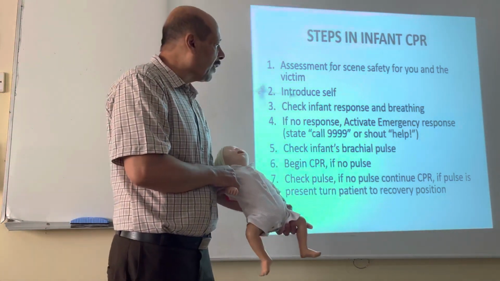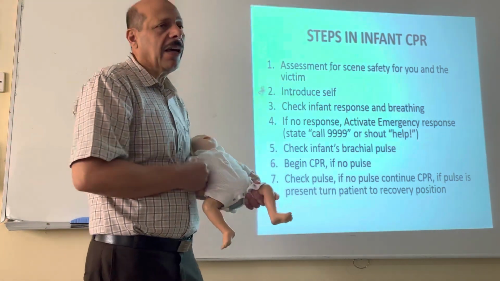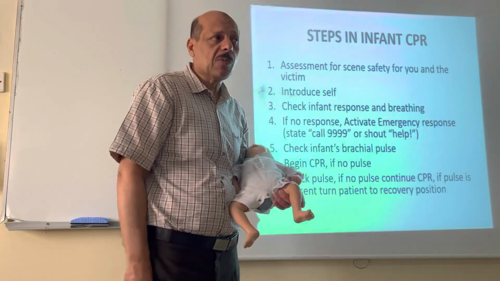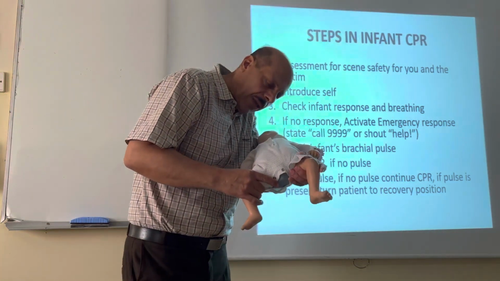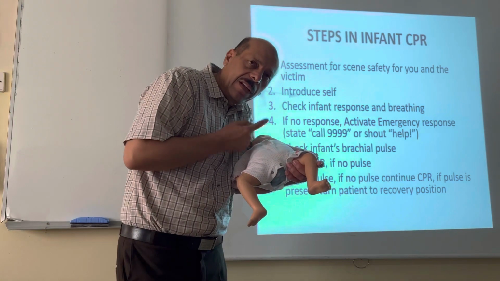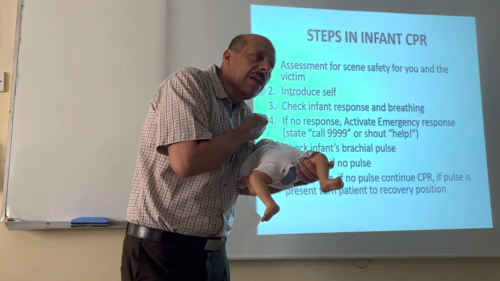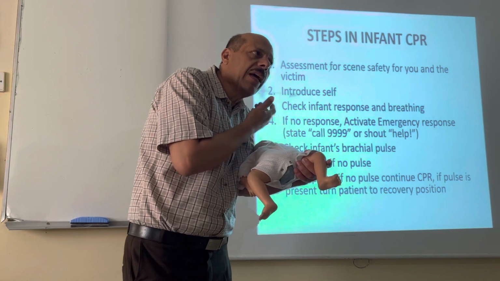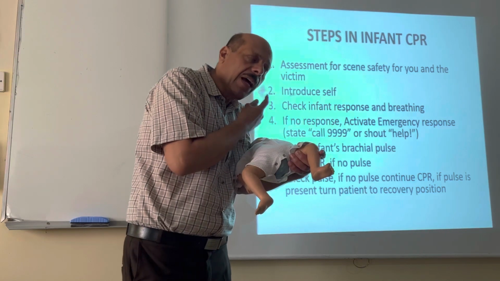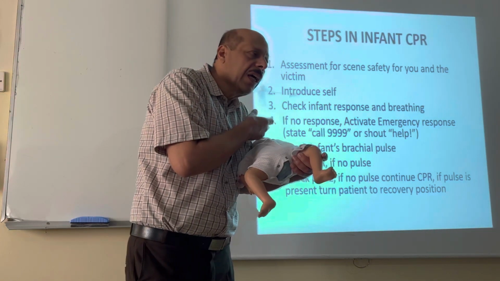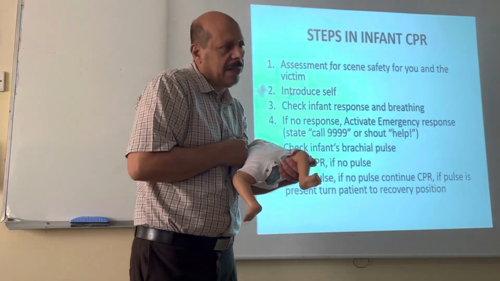I have to check the breathing for the infant. Checking the breathing, as we said before, is also similar to the adult. I have to look for the chest movement, feel the air which is coming from the mouth or the nose, and hear if there is a breathing sound.